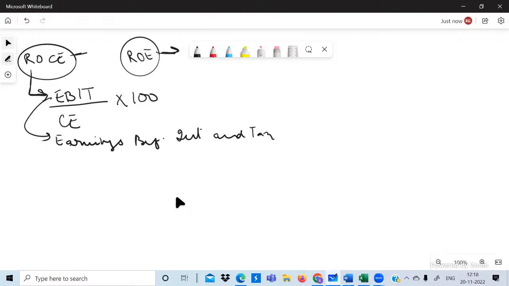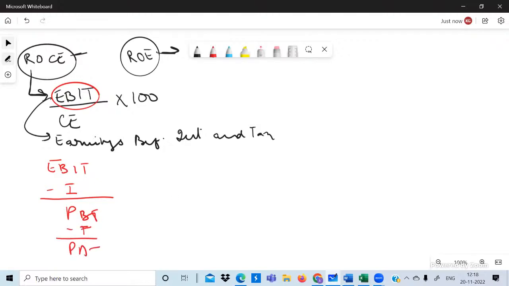Because ultimately, from EBIT you will reduce interest, which is the return for the lender, for the debenture holder, bond holder, whatever it is. So any debt instrument, you'll be giving interest. So you'll get PBT, then you pay tax to the government and you'll get your profit after tax. And from this profit after tax, you'll give your dividends to your shareholders.